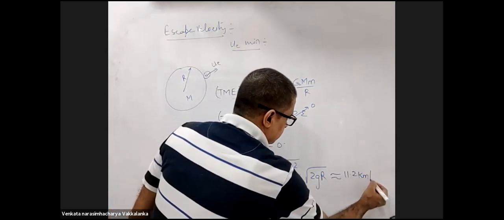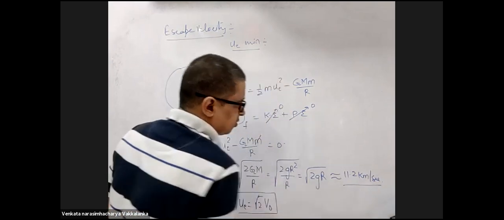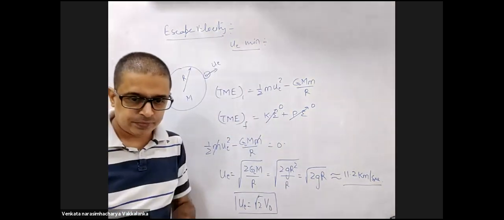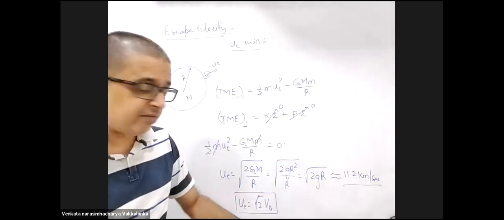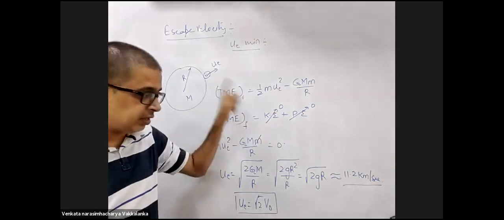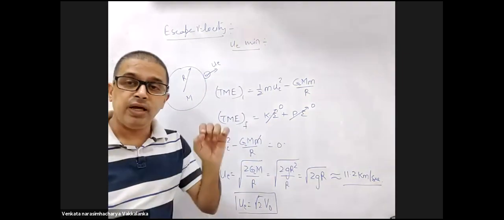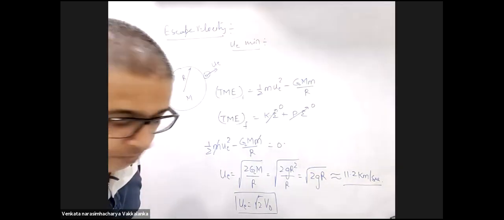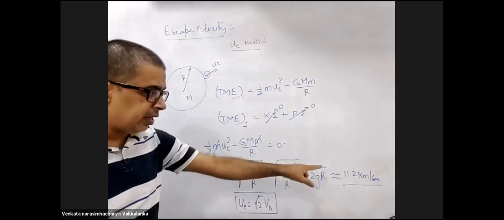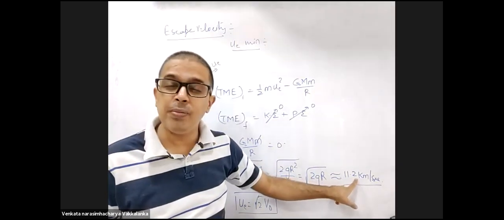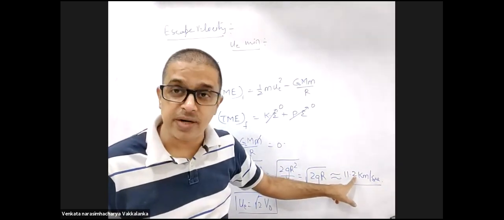On the surface of Earth, escape velocity will be 11.2 kilometers per second. Generally a mistake committed by students is they make it 11.2 kilometers per hour.